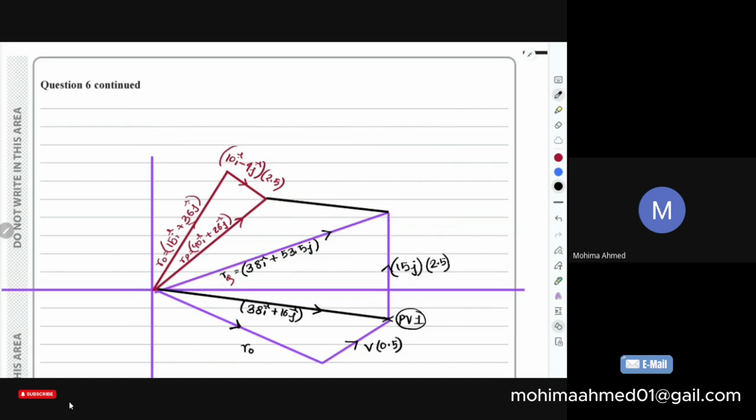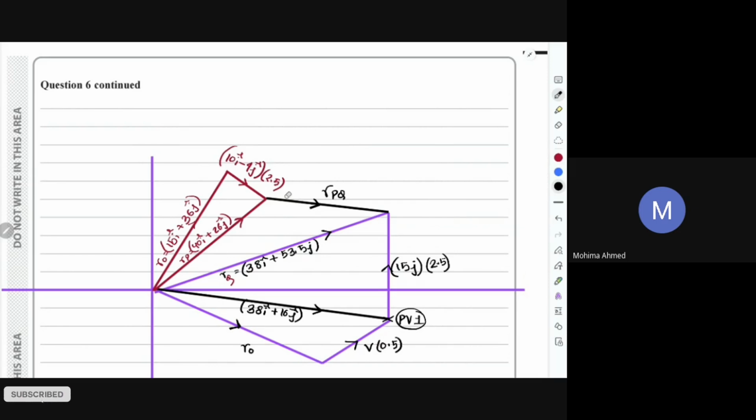So you just have to find out the black line over here. Is this clear what I'm trying to find out? This is your RPQ. I want to calculate that. To be honest, you can calculate this in QP also. That is not a problem. They never ask you to find out the displacement. They ask you to calculate the distance. So distance can be in any format, right? PQ or QP, that's not your concern.